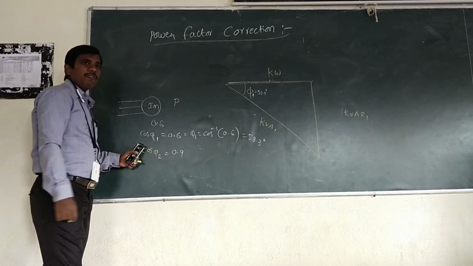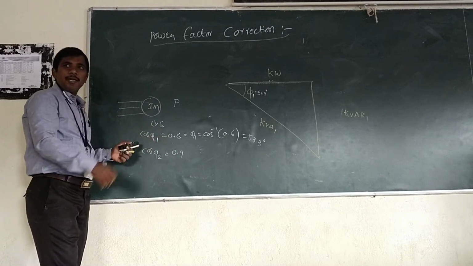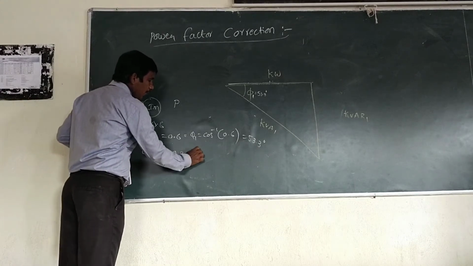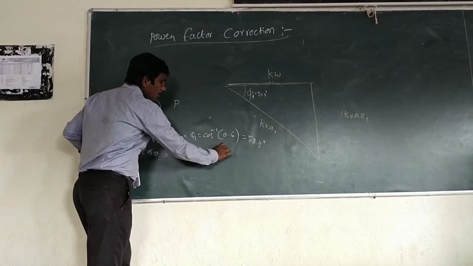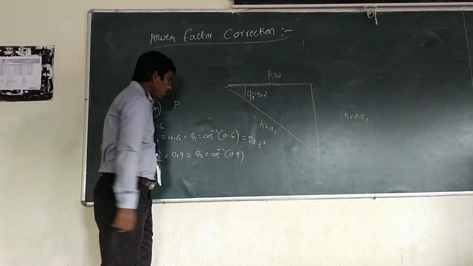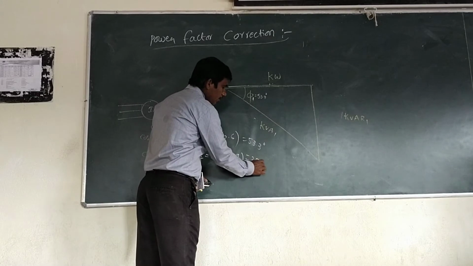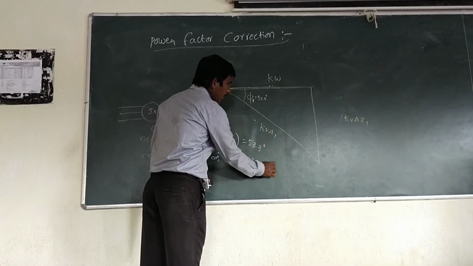We want to improve the power factor from 0.6 to 0.9, so cos phi 2 equals 0.9. Then phi 2 equals cos inverse 0.9, which is 25.84 degrees.